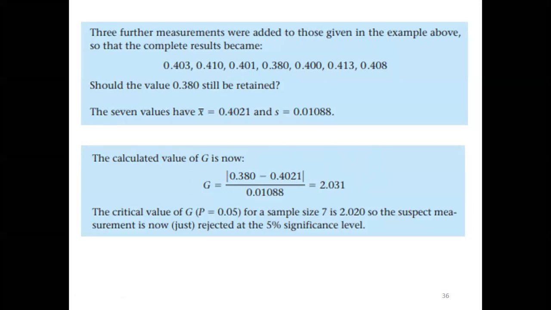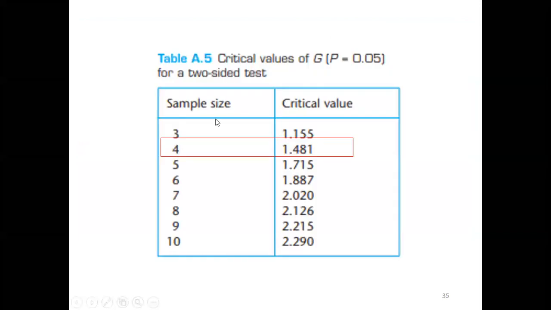Now, we need the G table. Here there are 7 samples, so the sample size is 7. Then go to the G table. For 7, the critical G value is 2.02.